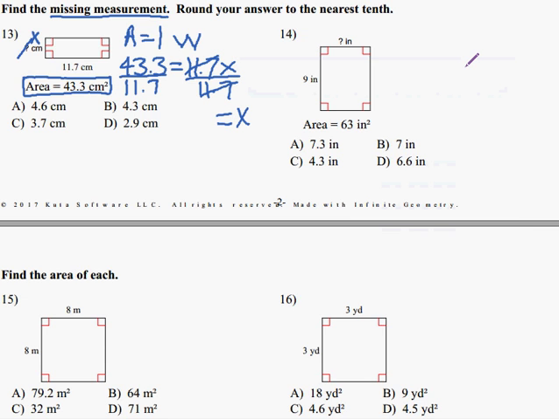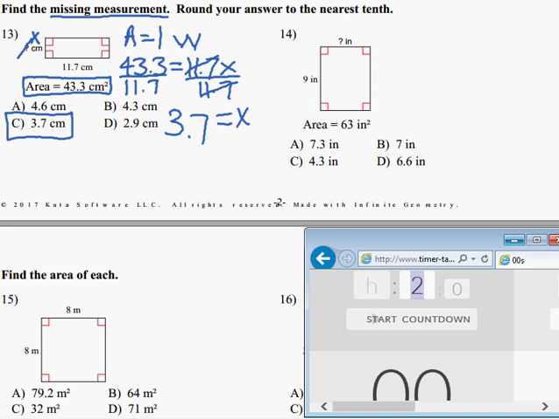So I can say that side is 3.7. Do problem 14, please. I will give you 2 minutes to do that. And I will do problem 15.